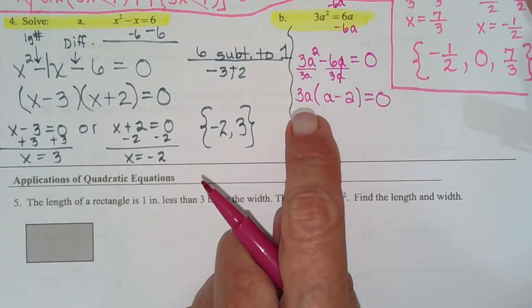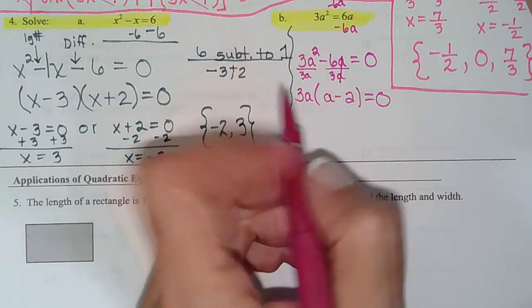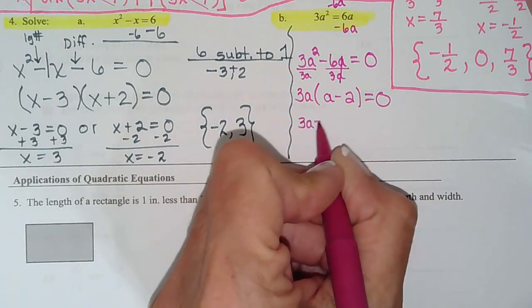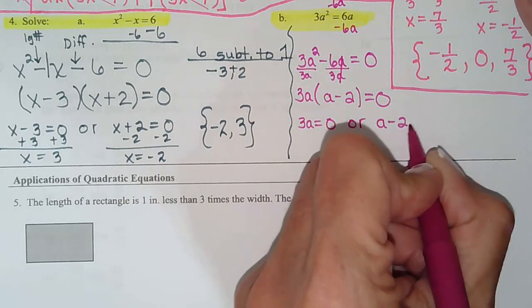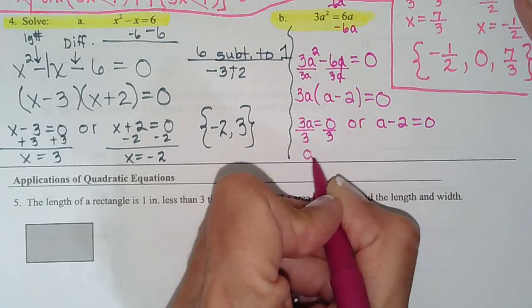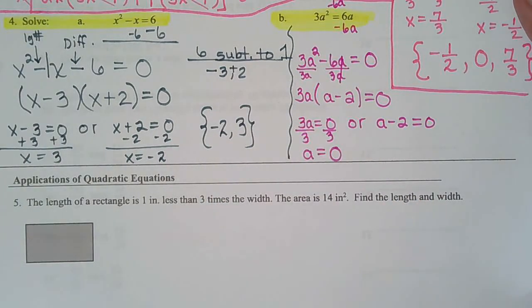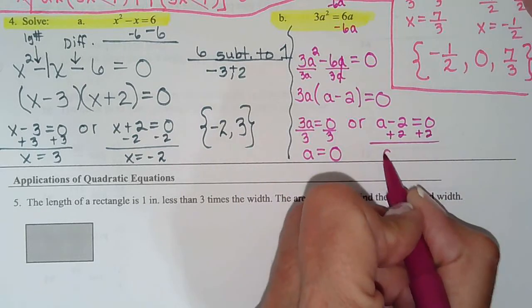So the zero factor property says if a times b equals 0, then either a is 0 or the second factor is 0. So divide by 3, 0 divided by anything is 0. Add 2, a is 2.